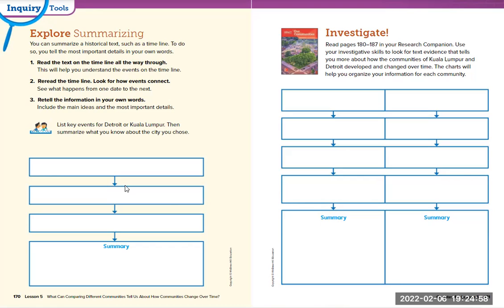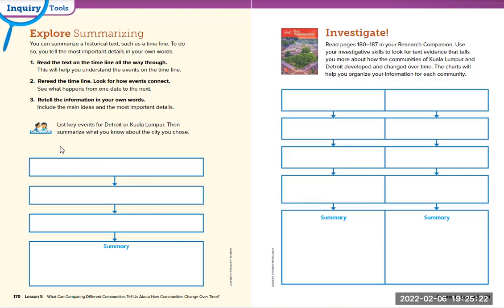And then I would put the year that happened. And the last detail that I would put is that in 1957, Malaysia gained its independence from the United Kingdom or the British Empire.